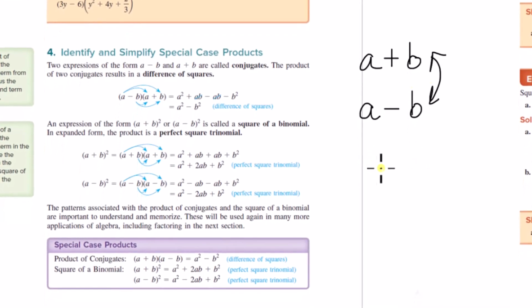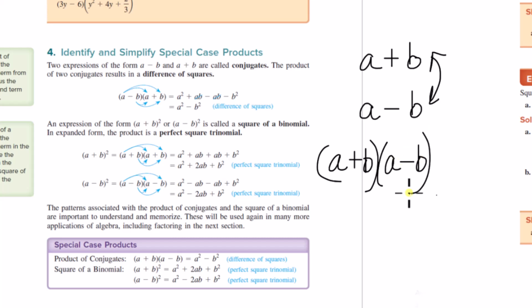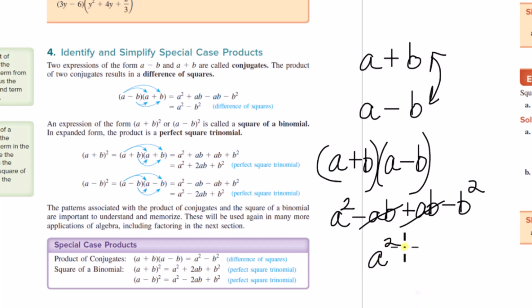So if we've got conjugates, let's think about what happens when we multiply conjugates by one another. If we multiply a plus b by a minus b, what happens? Let's do the distribution. You have a squared and then minus ab plus ab and then minus b squared. Well, minus ab plus ab goes away, and so we're left with a squared minus b squared.